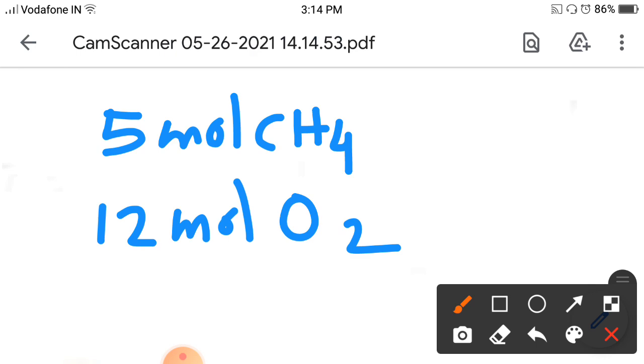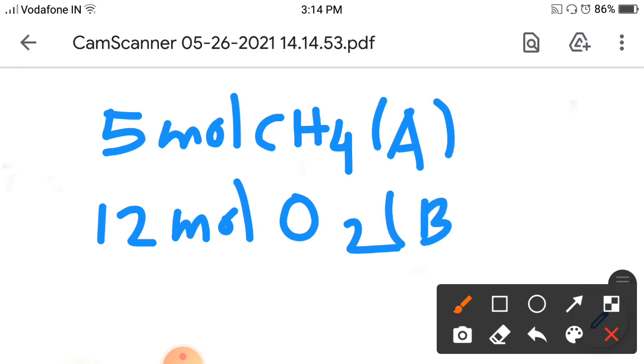Here suppose this is A and this is B. Which is the limiting reagent? How will you find this out? Can you say how you will find out this answer?